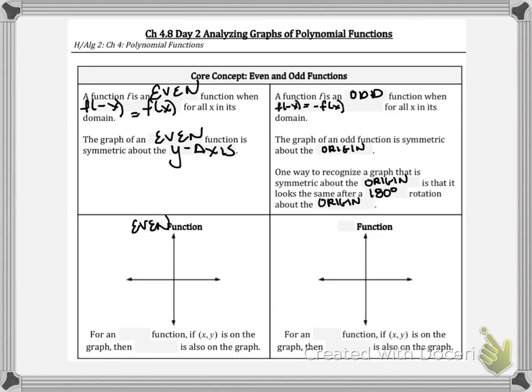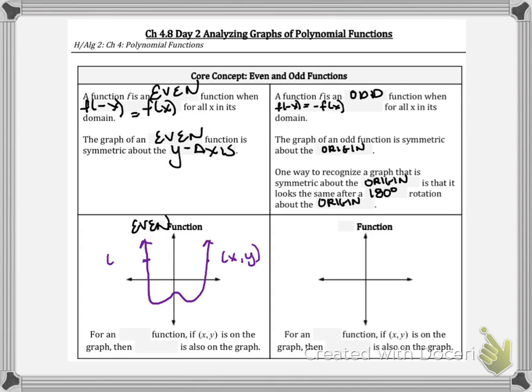An even function, well, we know even, if we have this graph here, okay, if we plugged in an x, we would have this y.